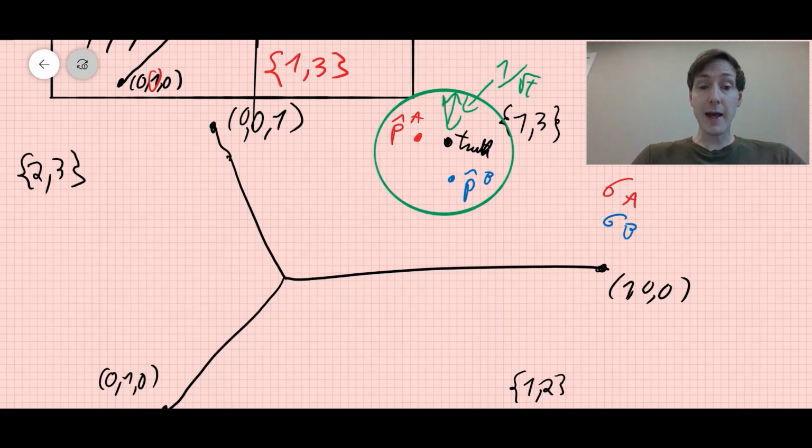So sigma A is going to tell me for each point here, which action should I play. So let's make just a choice. Let's say that sigma A in this region is going to be 1, and sigma B is going to be 3. Okay, so in this whole region over here, where we really want to play action 1 and 3, we're going to say Alice plays action 1 and Bob plays action 3.